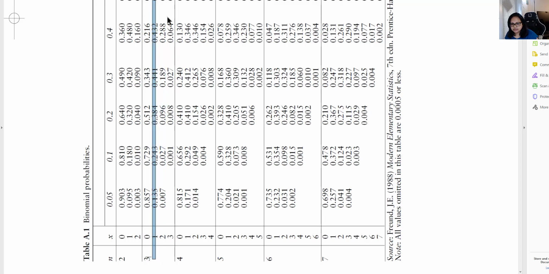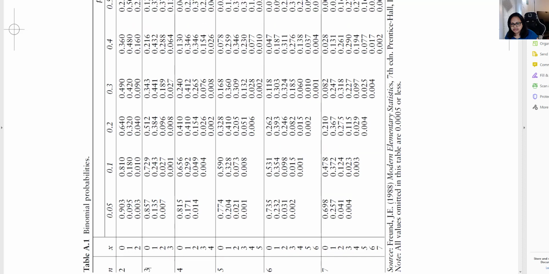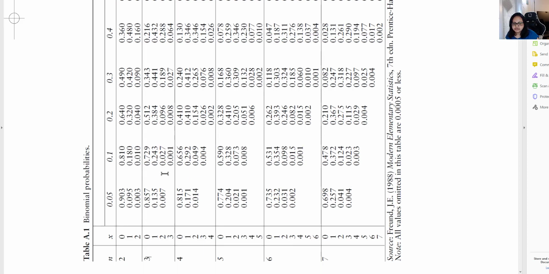If you use these probabilities, the probability of getting 0 heads, getting head twice, getting head 3 times, you can find all of them. In Excel I showed you by 2 decimals, 3.8, but that's fine. You need to match in the table how many trials you have, what the probability value is, and what the number of successes is.